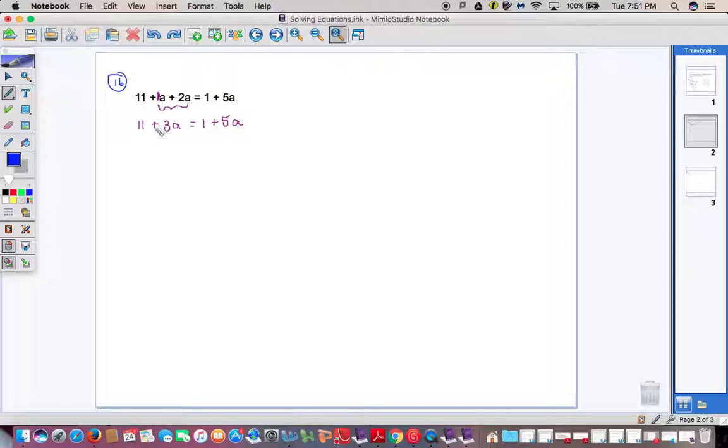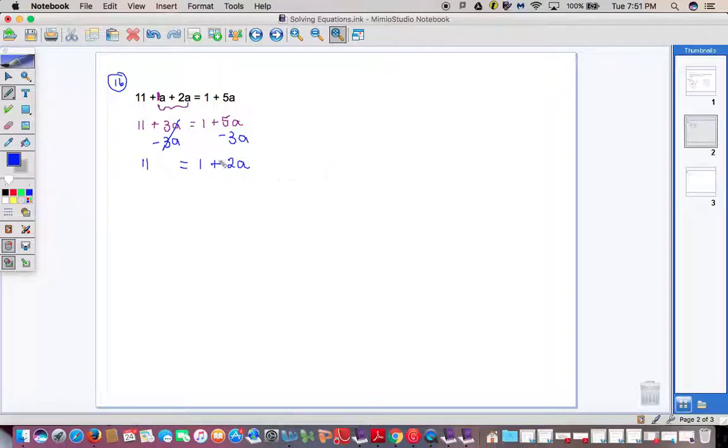Currently I have 11 + 3a, and if I want to move this positive 3a to my right side of my equation, I have to do the opposite. I'm adding it, so I need to subtract it. So I have minus 3a from each side. That leaves me with 11 equals, because positive 3a minus 3a cancel, 1 plus, and what is positive 5a minus 3a? It would be a positive 2a.